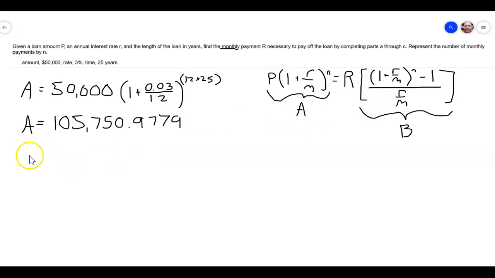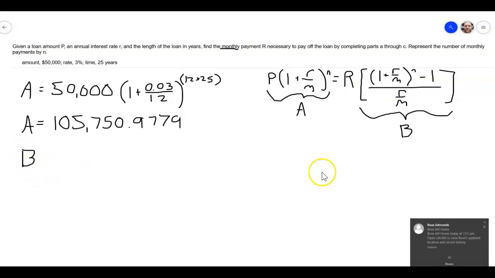All right, now let's figure out what B is. In order to figure out B, we're just going to put all that stuff in there again.